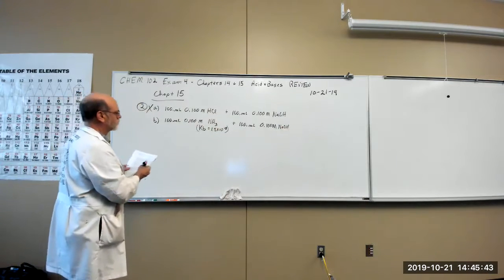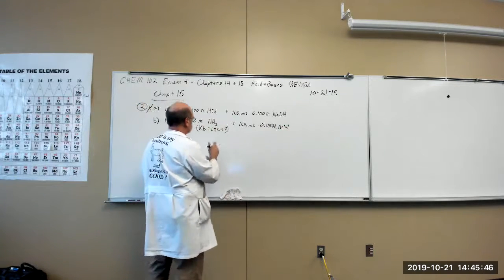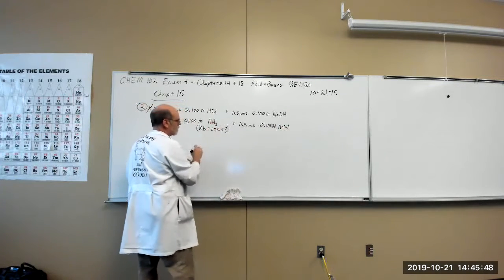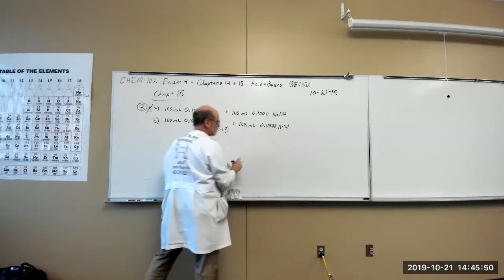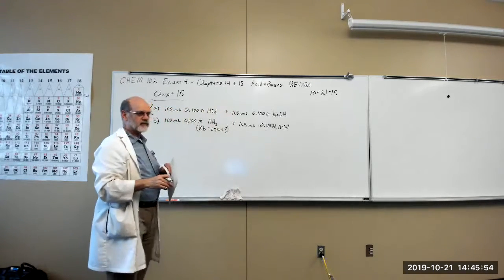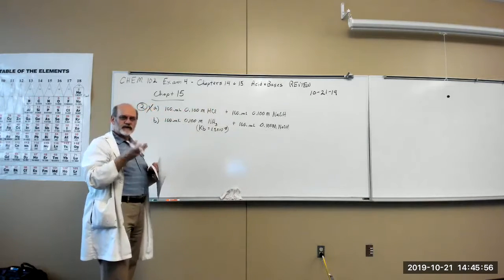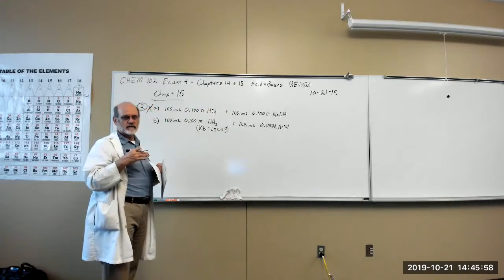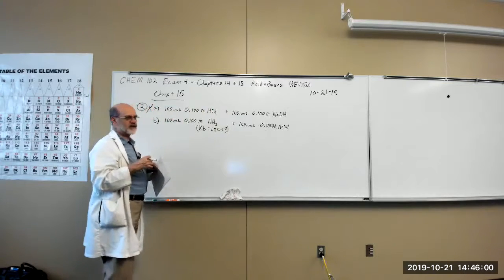So what do we have? You have a strong base, okay? So if you're going to mix a strong base with something to make a buffer, it's got to be with a weak acid. You can't mix two bases and get a buffer.